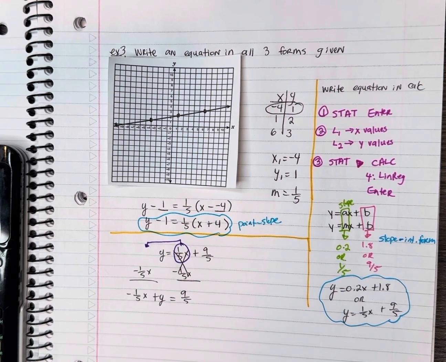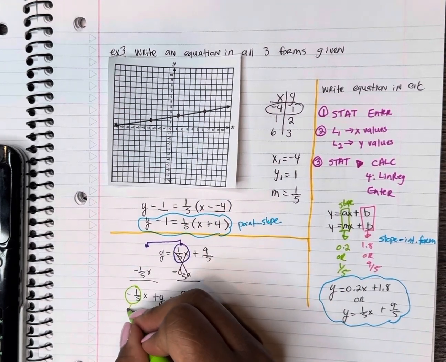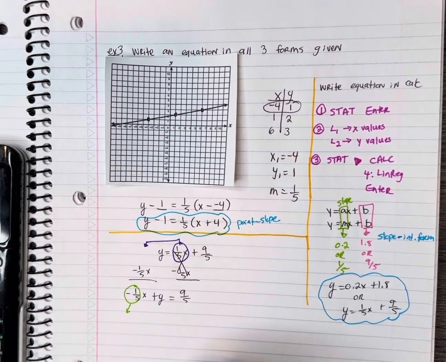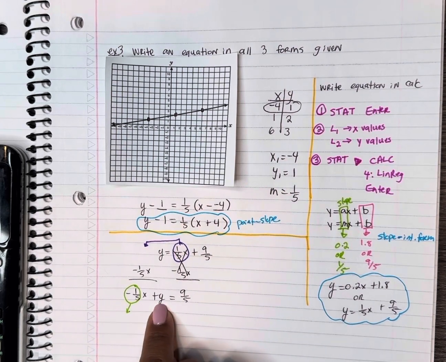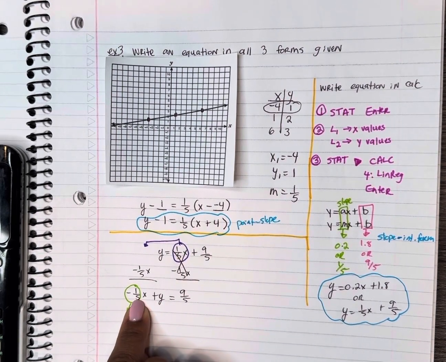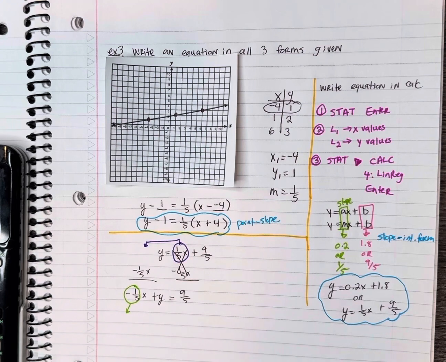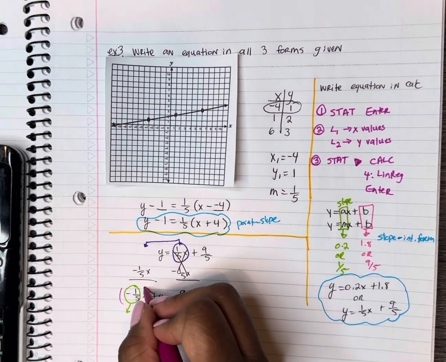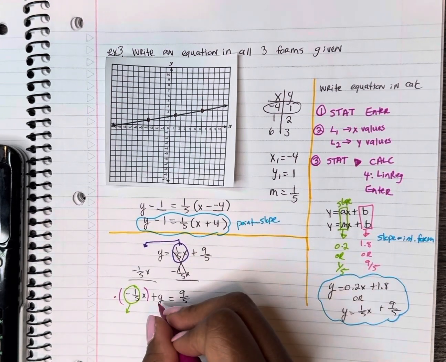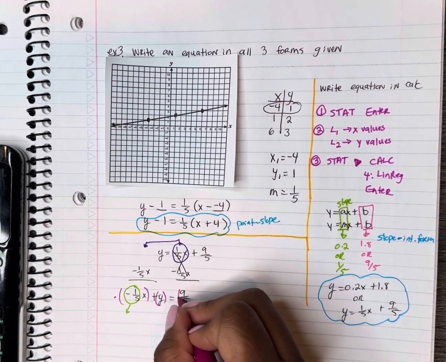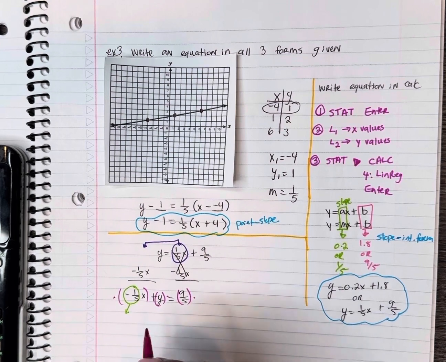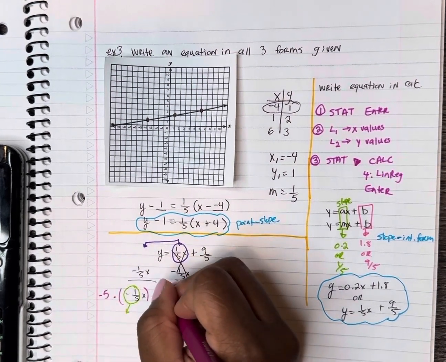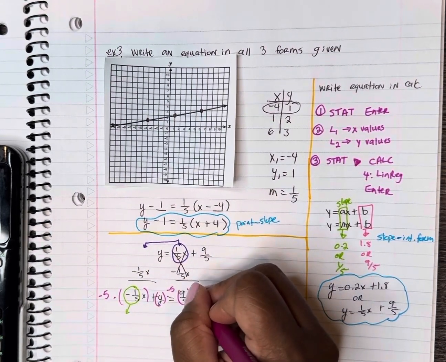Notice here that this negative 1/5 is not positive and it's not a whole number. So we got some work to do. Whenever we want to get rid of a fraction, we can multiply each of these terms by the denominator. So the denominator here is 5. So we can multiply this first term by 5, this second term by 5, and this last term by 5. But since it's negative and we want it to be positive, we're going to multiply by negative 5. So we can get rid of 2 things at once.